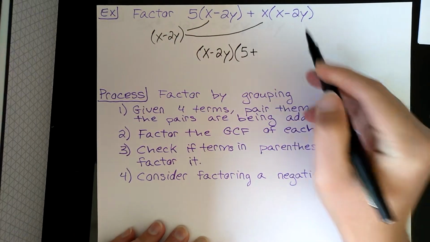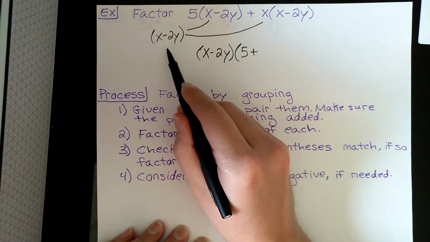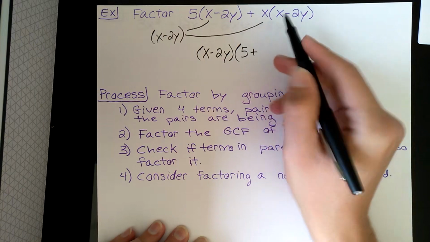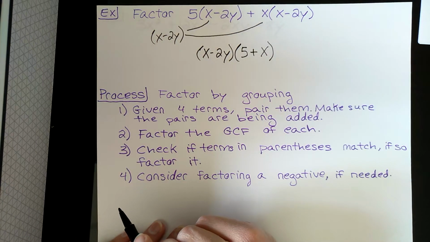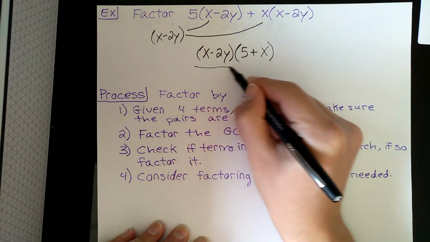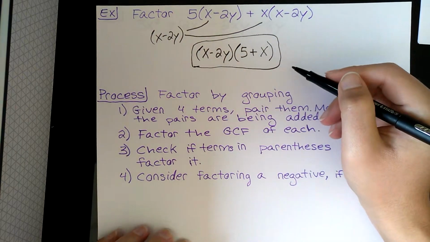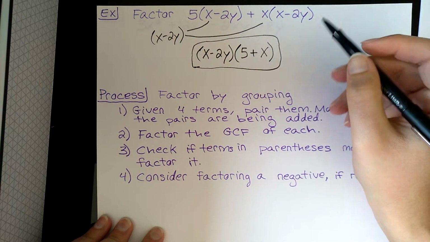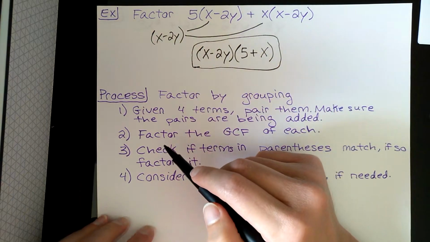Plus x times x minus 2y divided by x minus 2y will just leave us with the x. And that is completely factored. Again, remember when we factor these values out, it's just as if we're dividing each term by the factor we take out.